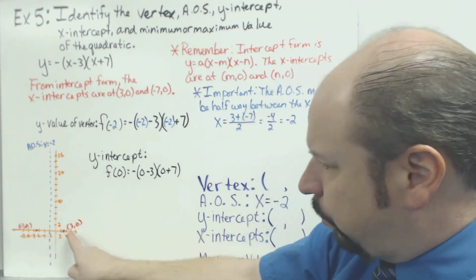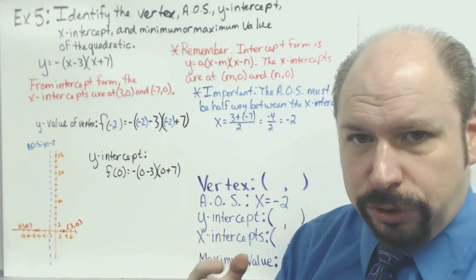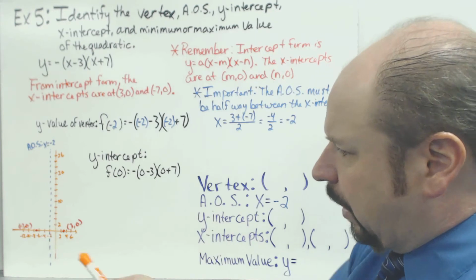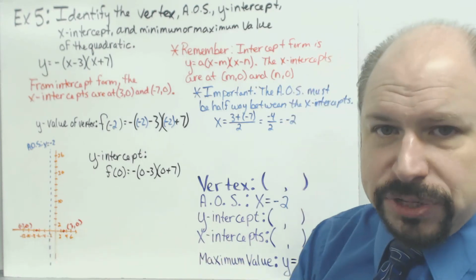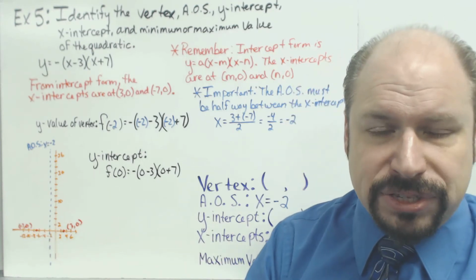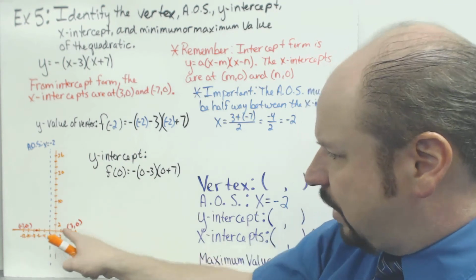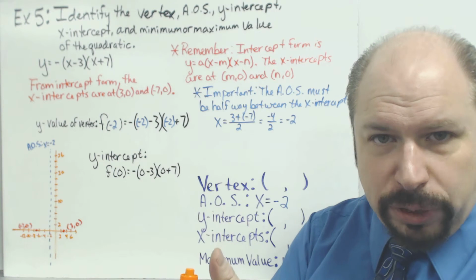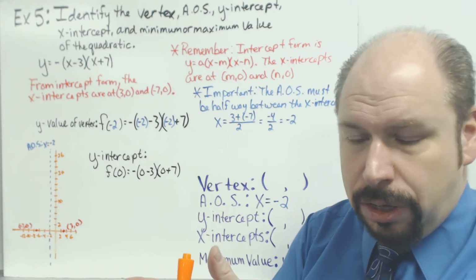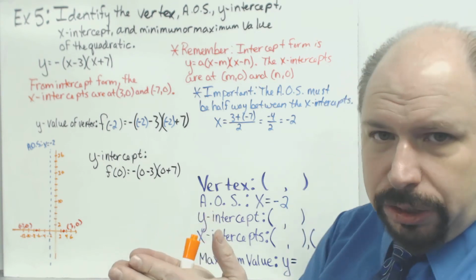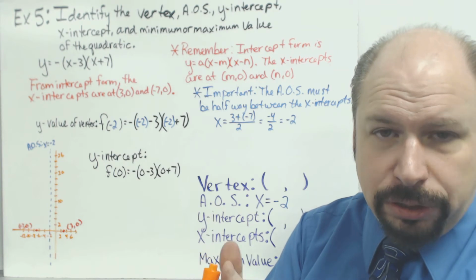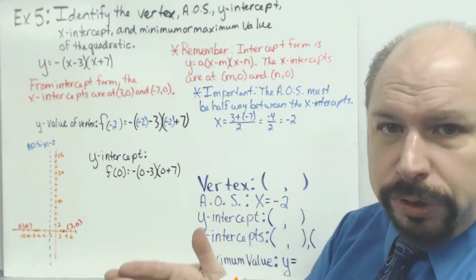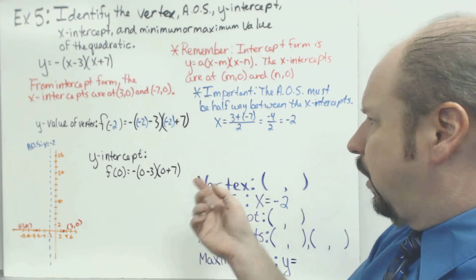So I have put those two on this graph just for you to kind of see visually. Here are our two intercepts. Remember the axis of symmetry, since these have the same y value, the axis of symmetry has to happen halfway in between those 2 points. So if we think back to geometry, to find the midpoint of 2 points, we add the 2 points and divide by 2.